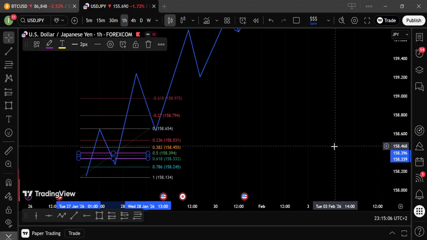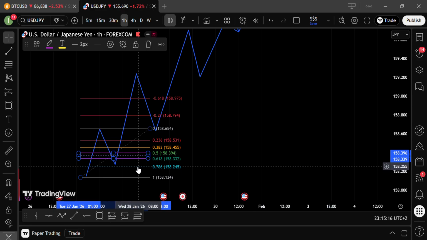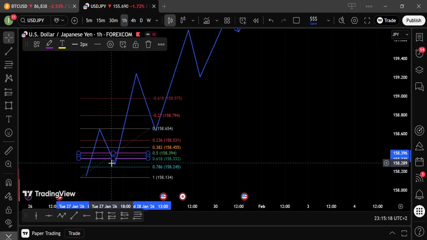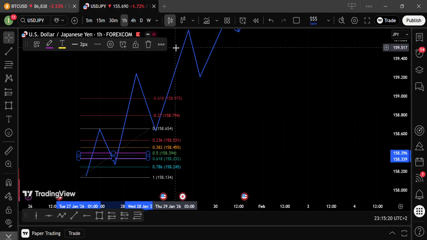If you get this part, you got the best price. The minute you get this price, just take it and ride with it. Don't think that you wanted to touch the 78, and then when it gets here, you didn't catch the trade. No, don't do that, right?